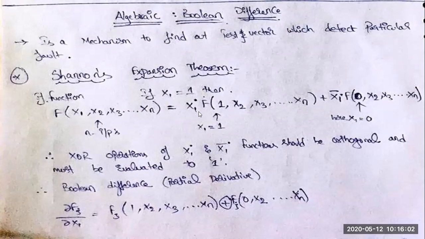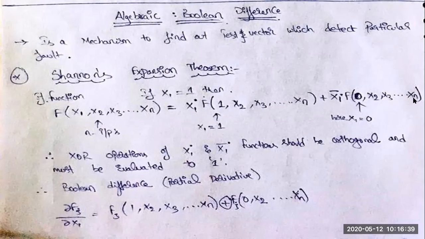This is the normal determination of the input, and this is the complement determination of the input. So if I have n inputs, Shannon's expansion theorem represents the function with an XOR operation of the function with orthogonal relation. If x1 is treated as the input equal to 1, we add the complement term of the x1 input.